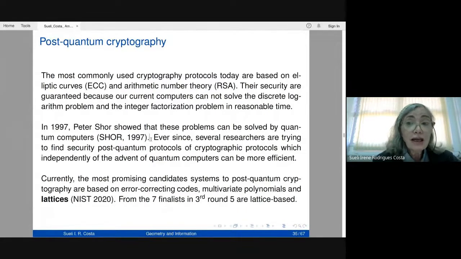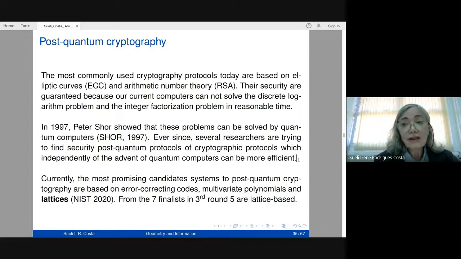Ever since, several researchers are trying to find secure post-quantum protocols for cryptography, which, independent of the advent of quantum computers, can be more efficient. So when we talk about post-quantum cryptography, we do not necessarily need to wait for quantum computers, but we can think about different cryptographic protocols that can be more efficient than the current protocols, right?